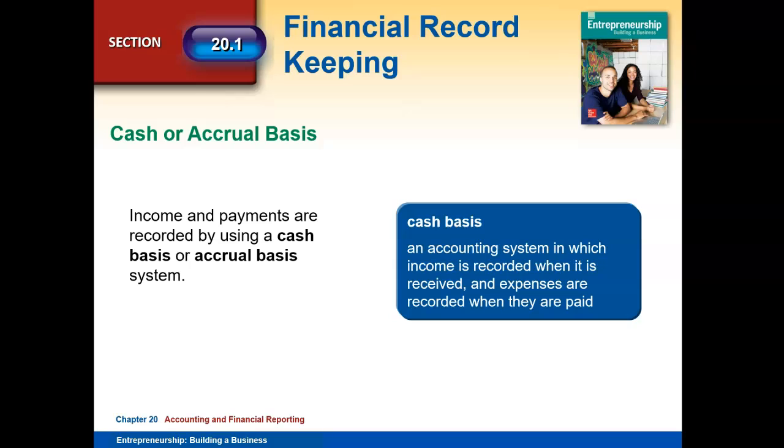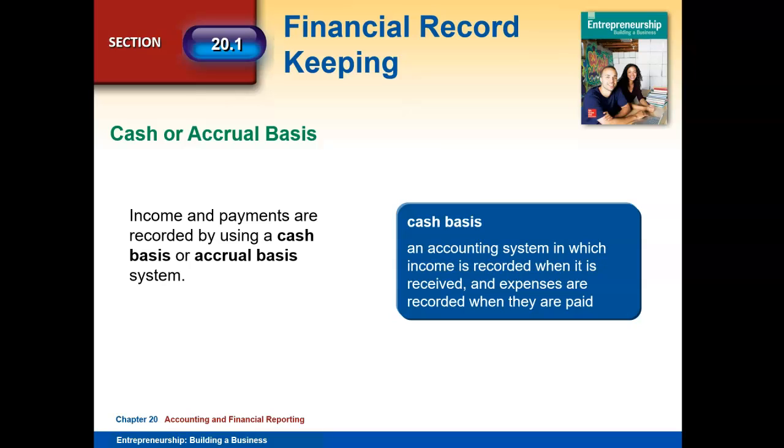So, cash or accrual. Businesses have to decide whether they're going to use a calendar year or a fiscal year. They also have to decide whether or not they're going to run on a cash basis or accrual. And this is all about when you actually do transactions in your accounting system. On a cash basis, income is recorded when it is received and expenses are recorded when they are paid.